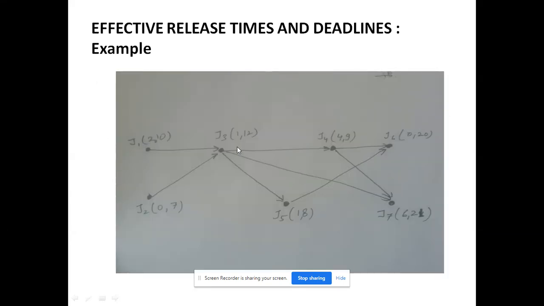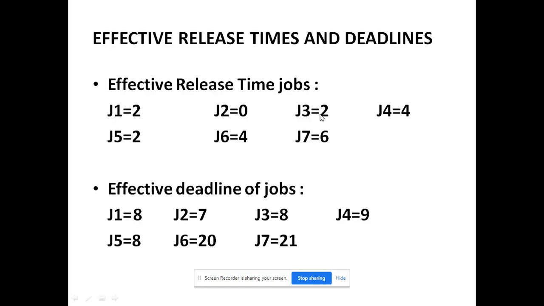So again in the example, the given release time of J3 is 1, J1 is 2 and J2 is 0. The maximum value among these three is 2. So the effective release time of J3 is 2.